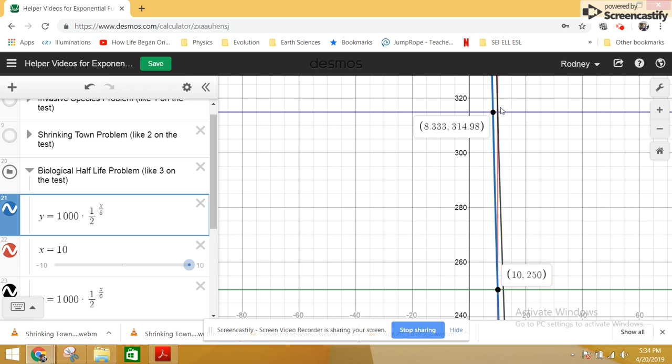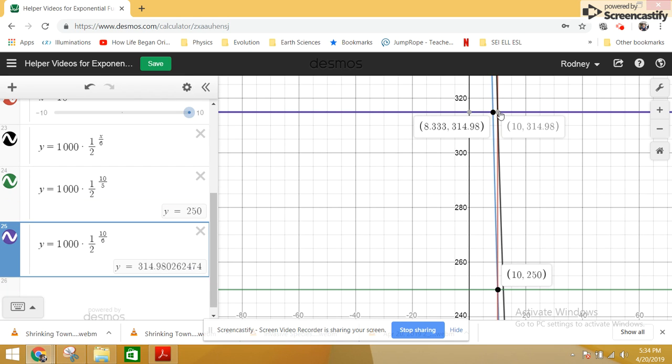Oops, that's the wrong one. Get rid of that. This function here. Yeah, there we go. So it's 10 hours in the future, 315. I apologize for these extraneous things here. 10 hours in the future, 250 milligrams if it's leaving your body faster.